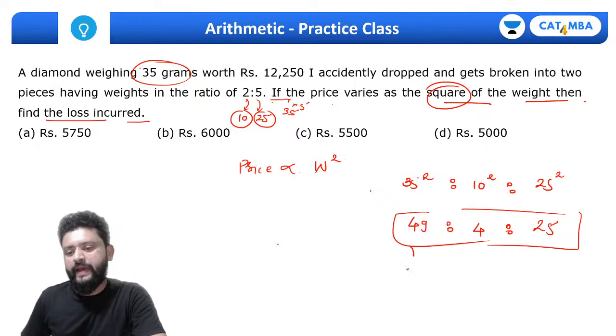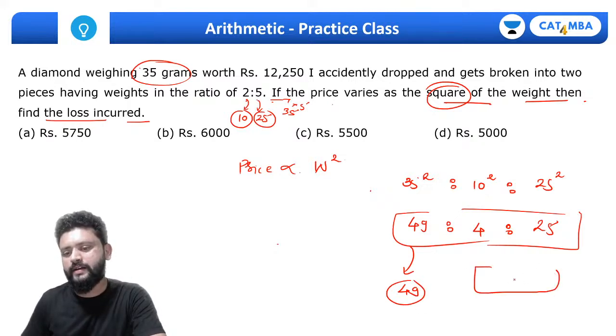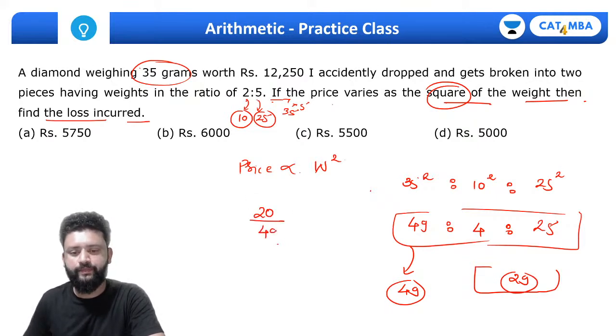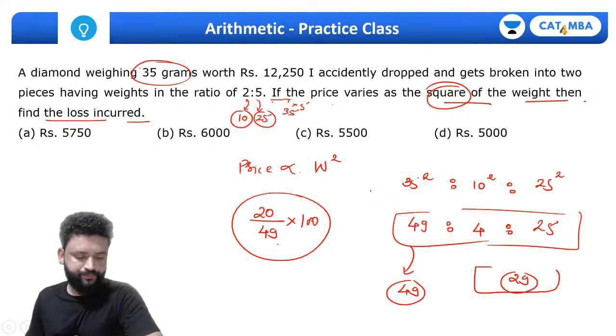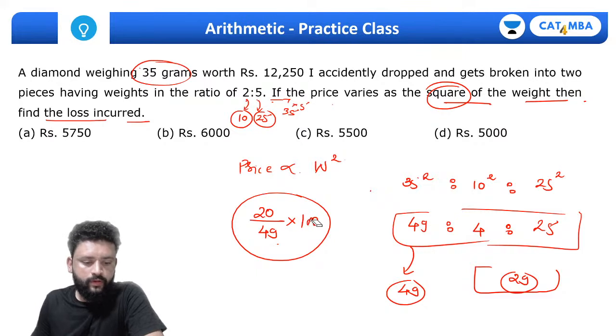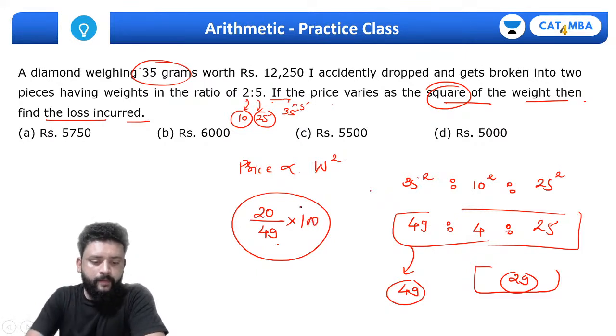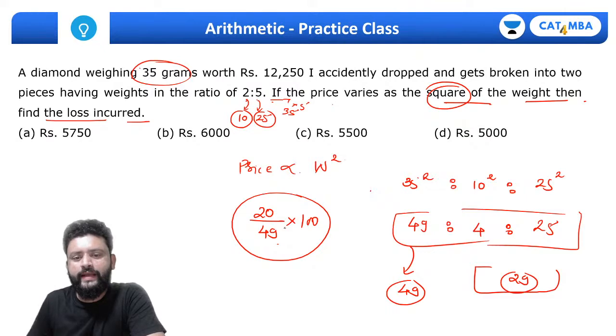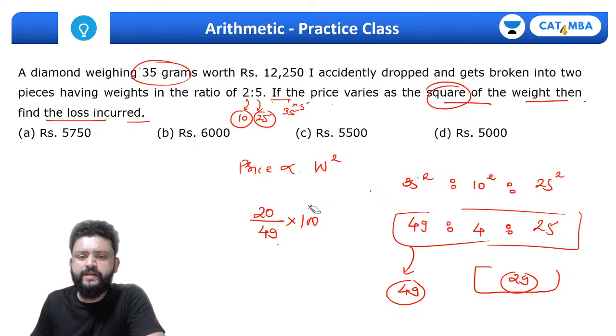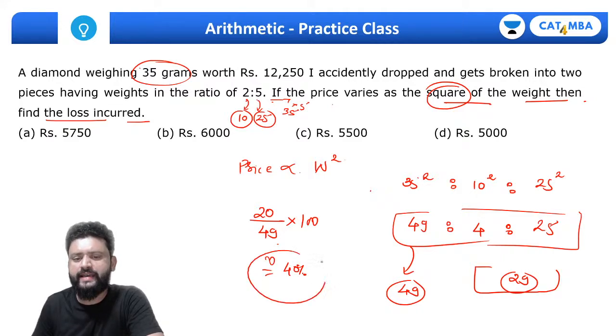Okay, so if the original cost is 49, then the cost of these two parts together is only 29, which is a decrease of 20, right, compared to 49. Yes, or you can simply say it is close to 40% decrease. I'm saying it is close to 40%, I can say.